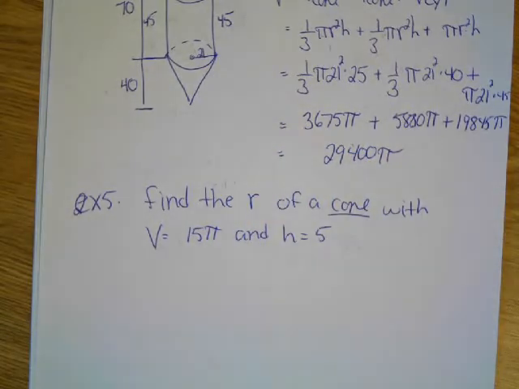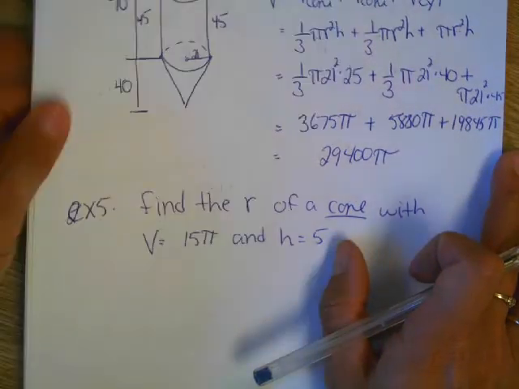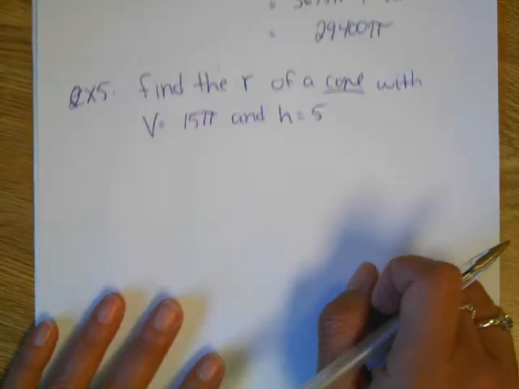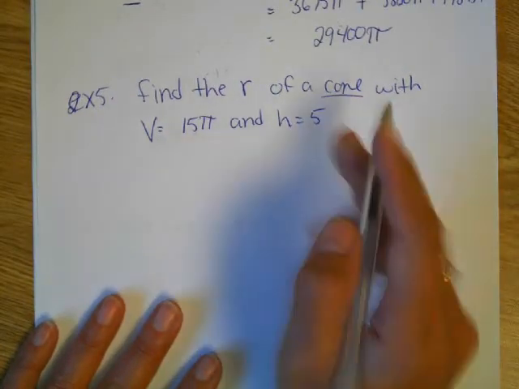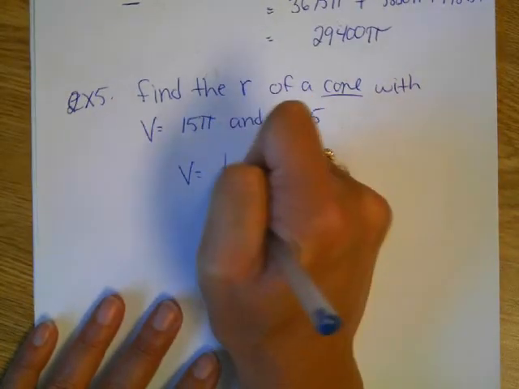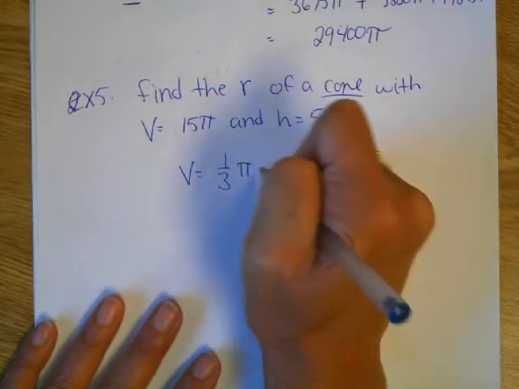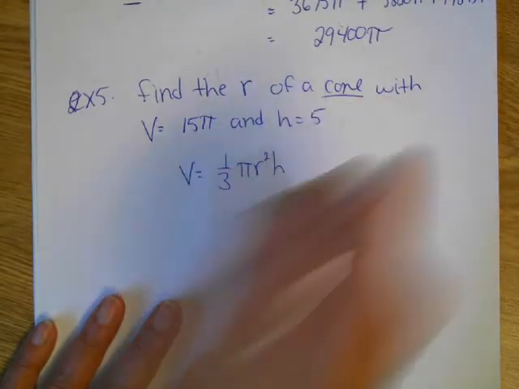So, this is work backwards at its best. Start with the formula, then use substitution, then algebra to work backwards. So formula first, volume of a cone. 1/3 pi r squared h.